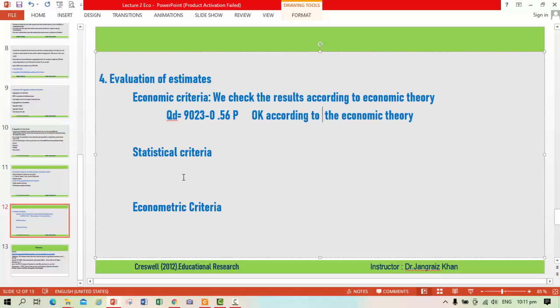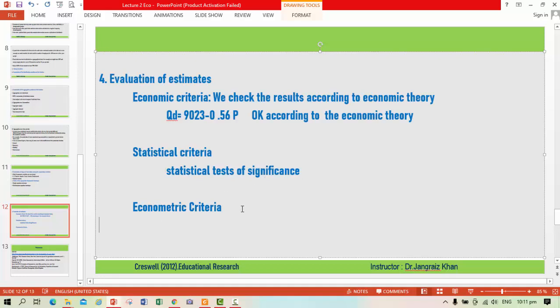So if it is according to theory, or not against the theory, then what we do here is statistical tests for it. We test for significance of parameters. We use the t-test, z-test, and F-test, and we evaluate the validity of the results according to statistical criteria.